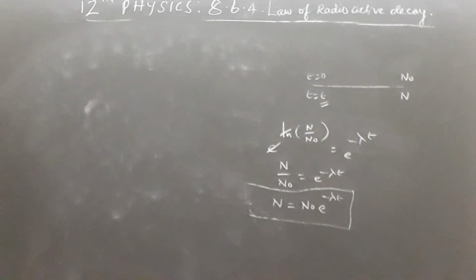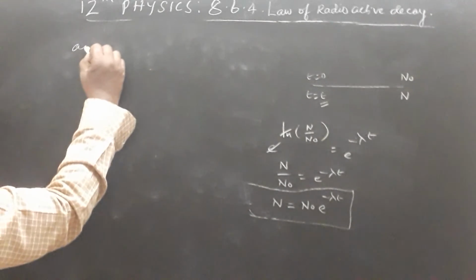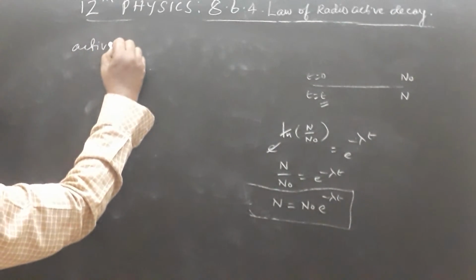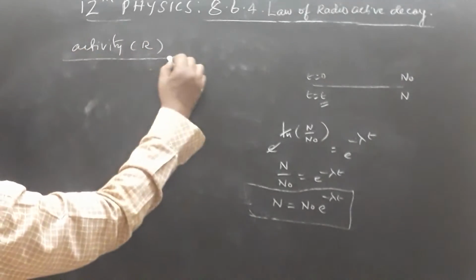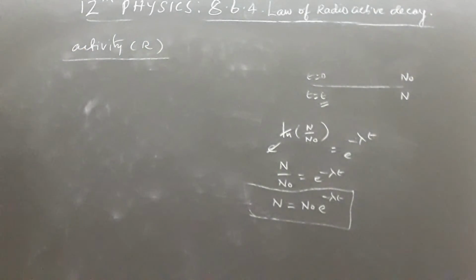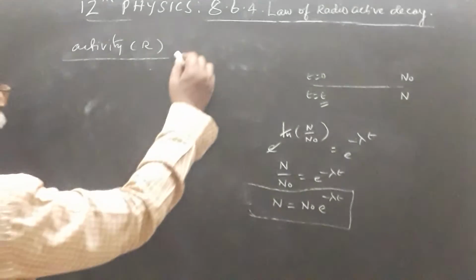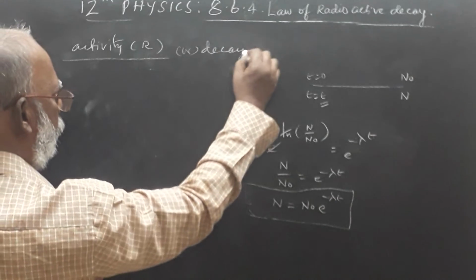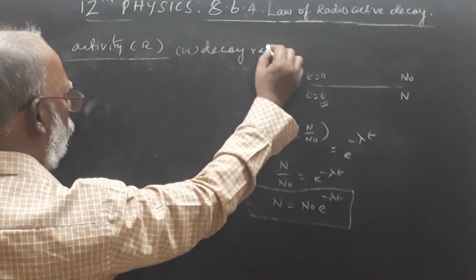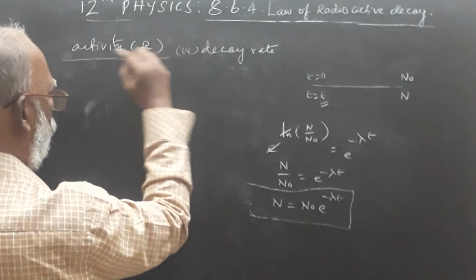In radioactivity, we can also define another useful quantity called activity or decay rate. Decay rate may also represent activity.